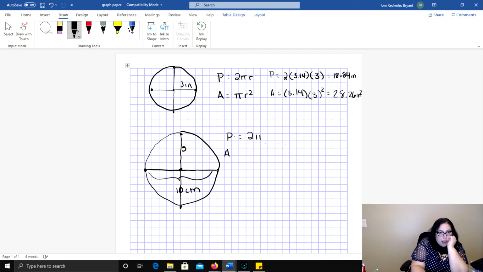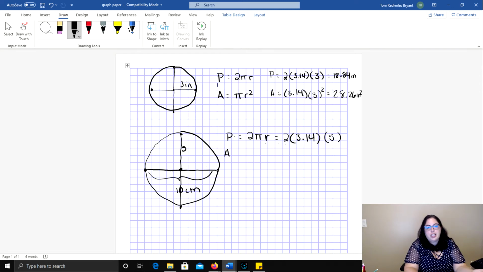The perimeter is 2 pi r, which is 2 times 3.14 for this one, so you can see the slight variation, and my radius is 5, so times 5. Basically it's 10 times 3.14, which is 31.4 centimeters.